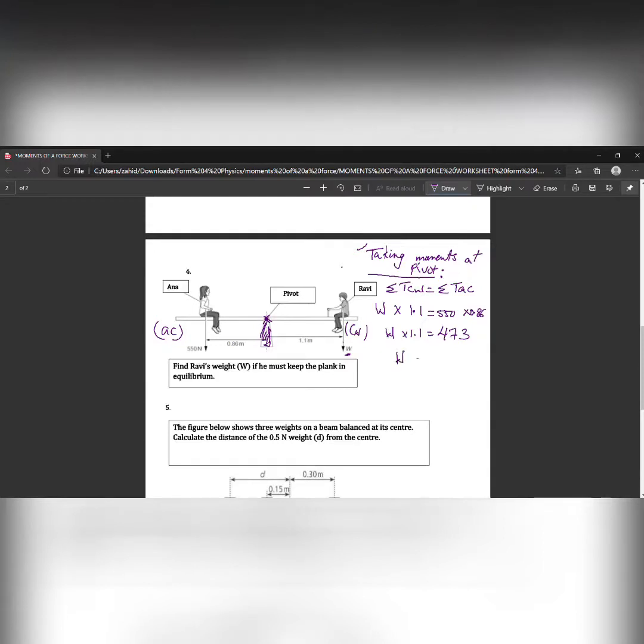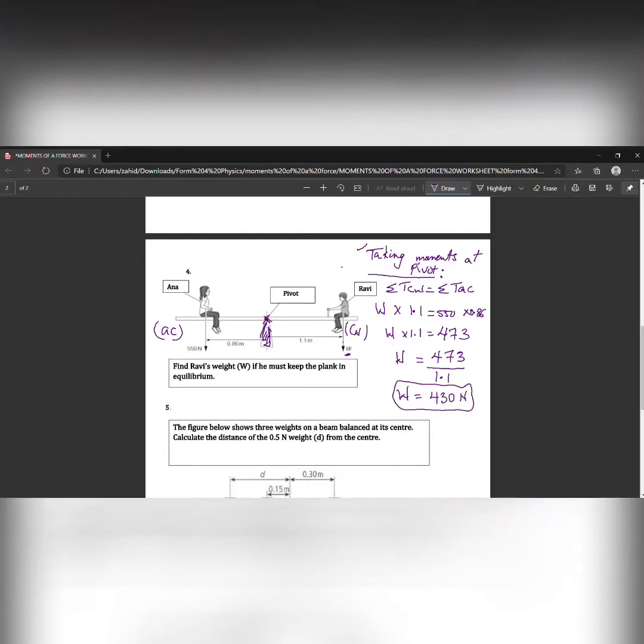So weight therefore is equal to 473 divided by 1.1. Simple transposing. All right, and what we are going to get as a result of that is 430 as his weight.